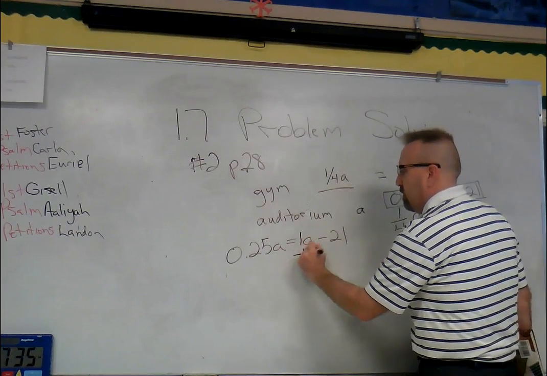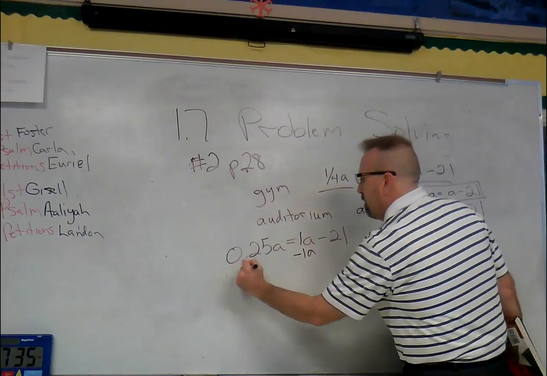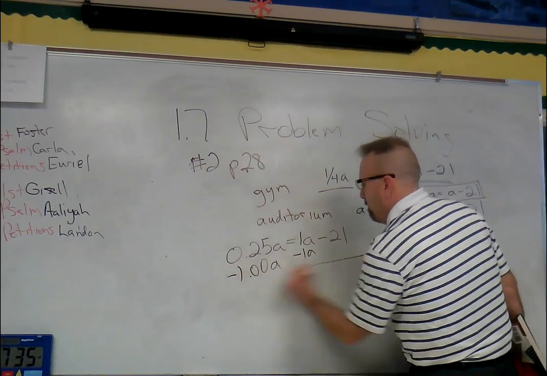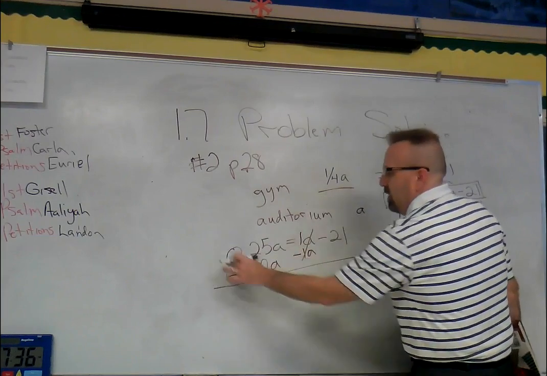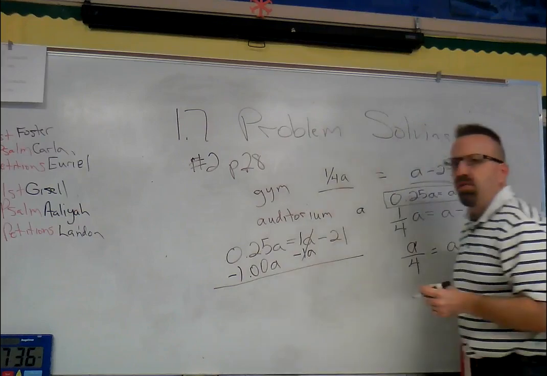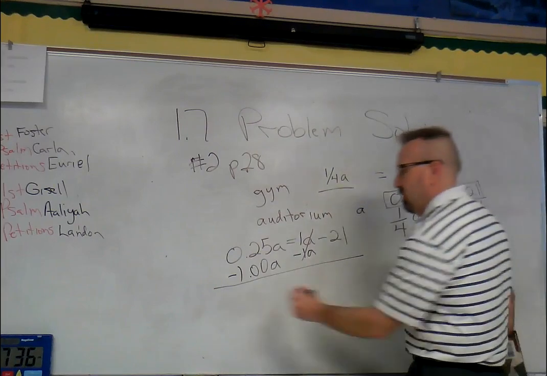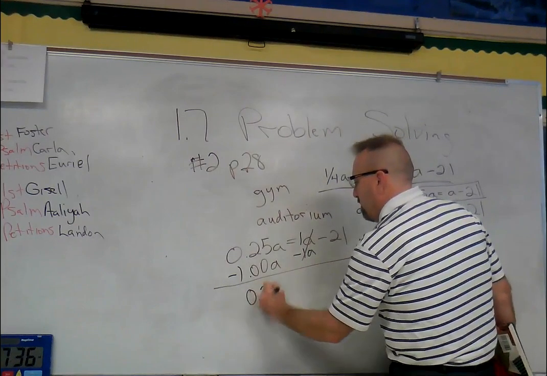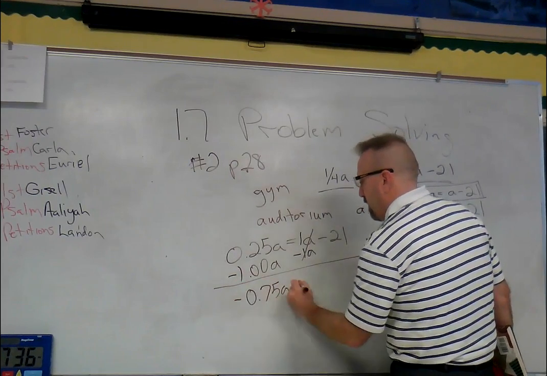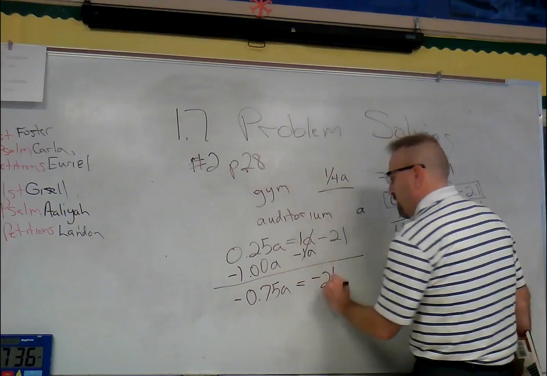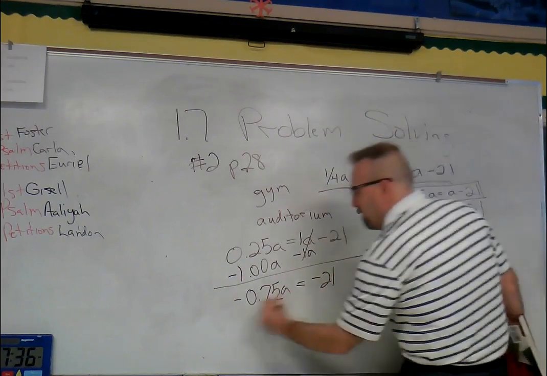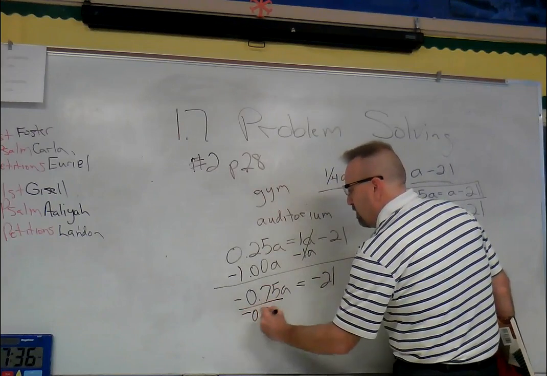We're going to subtract 1A, so it's like 1.00A. These two are opposite signs, so we need to subtract. What's 1 minus 0.25? 0.75A, but this one is larger and negative, so it's negative. Now we need to divide by negative 0.75.